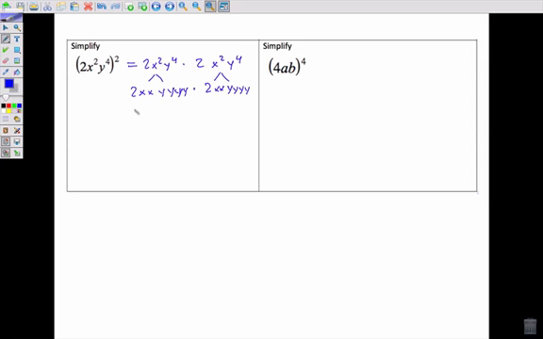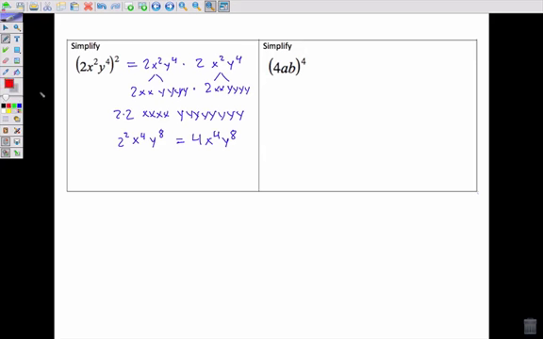And then I rearrange some stuff, so I put my 2's together, my x's together, and my y's together, and then count them up. I got 2 squared, I got 4 x's, and it looks like I got 8 y's. So it's 2 squared, x to the 4th, y to the 8th. 2 squared is 4. So we got 4x to the 4th, y to the 8th.